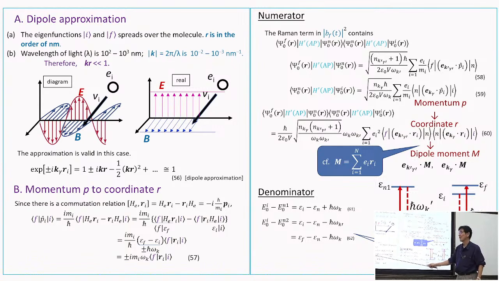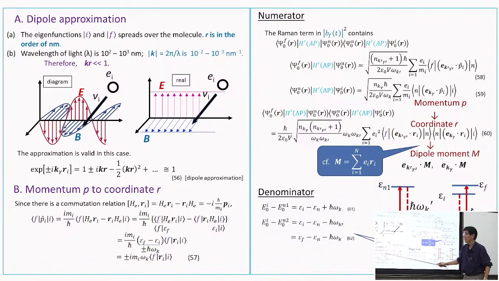Then E_f is a scalar quantity, so it comes outside of the integral, and r remains. So these two terms are summed up into this term, and E_f minus E_i is picked up.